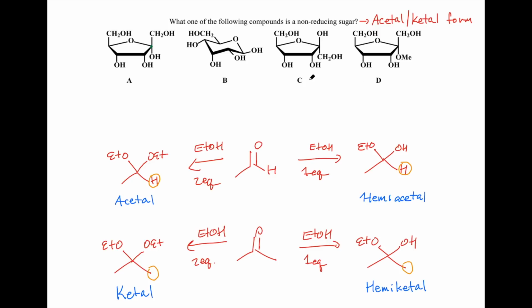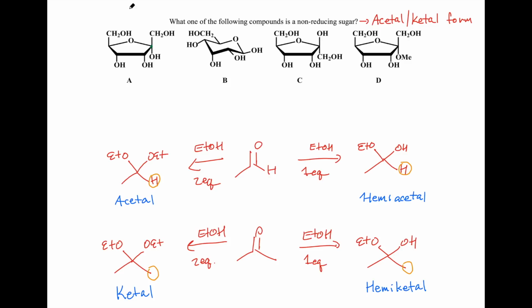If we count the carbons here, we have carbon number 1 here, carbon number 2 right here, carbon number 3 down here, then carbon 4, carbon 5, carbon 6. Now that we know how to number the carbons, we can determine that carbon number 2 for a furanose is where the anomeric carbon is located.